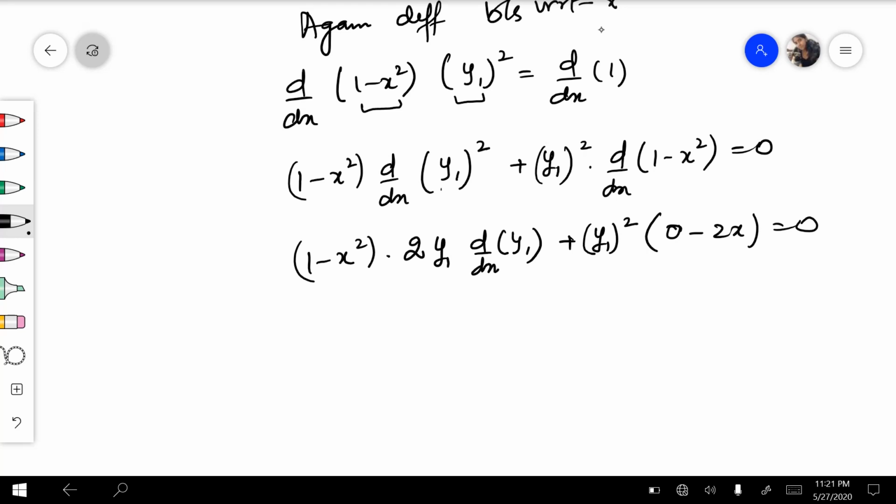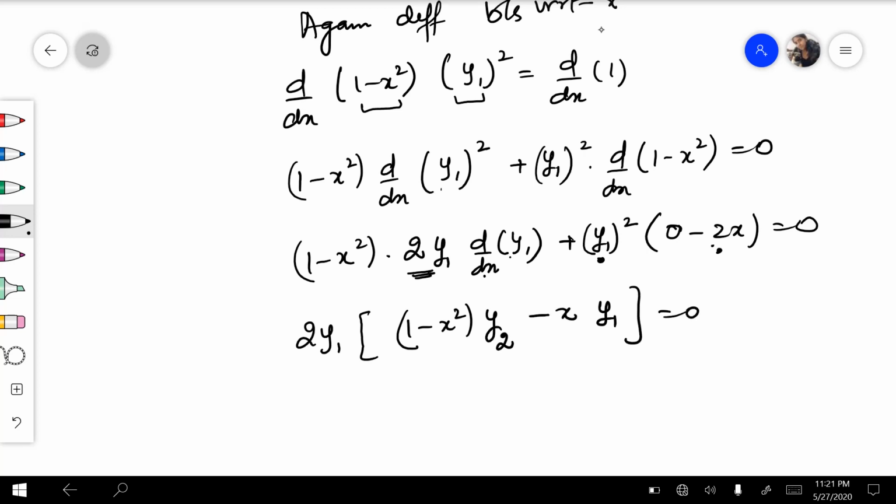अगर आप इन टर्म्स पे ध्यान दें तो 2 times y1 और 2 you can take common. तो ब्रैकेट में हमारे पास क्या आ गया, 1 minus x square, y1 की differentiation is y2. यहाँ से y1 आपने कॉमन ले लिया तो एक y1 आपके पास बच जाएगा, 2 आपने कॉमन ले लिया तो माइनस x is equal to 0.